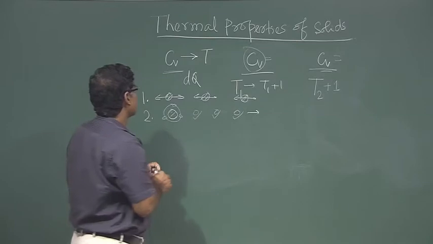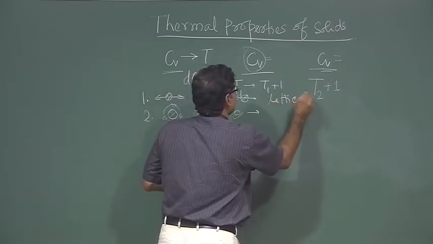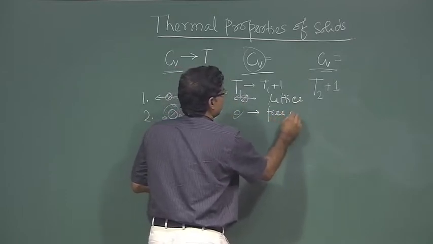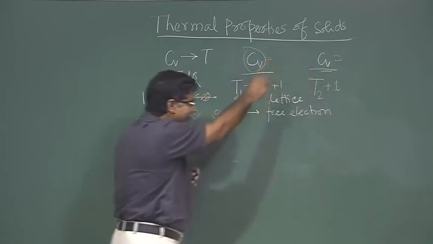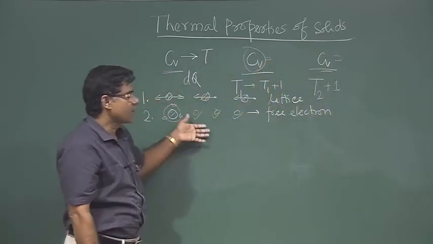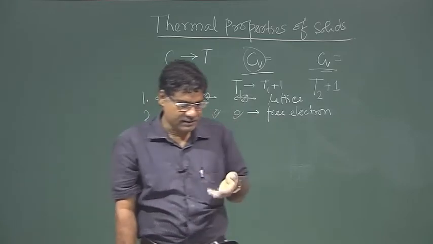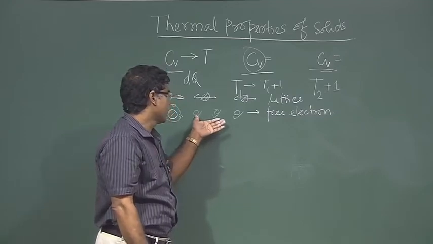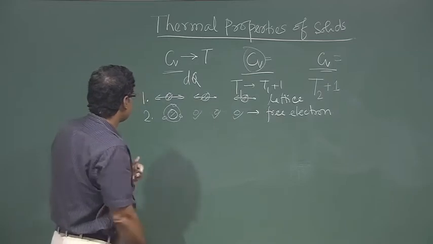So, this lattice vibration and the free electrons can contribute to the system because of heat, because they will change their energy in terms of kinetic energy or potential energy.